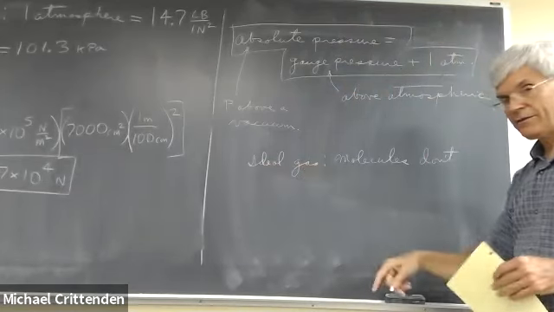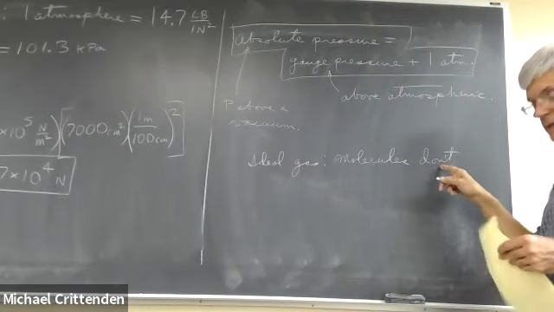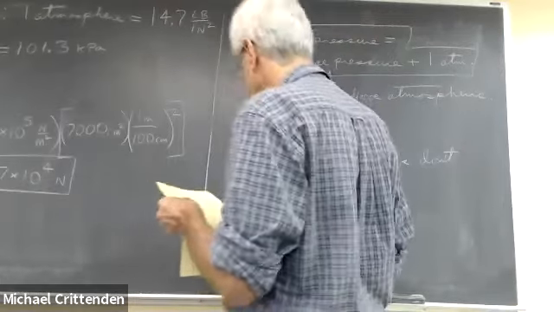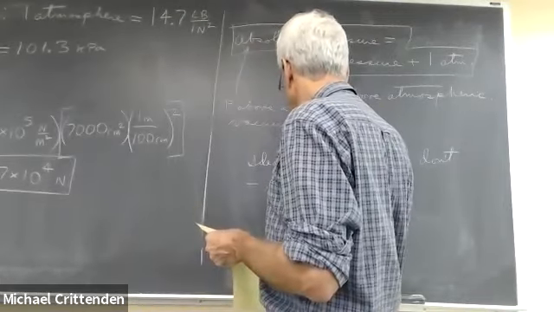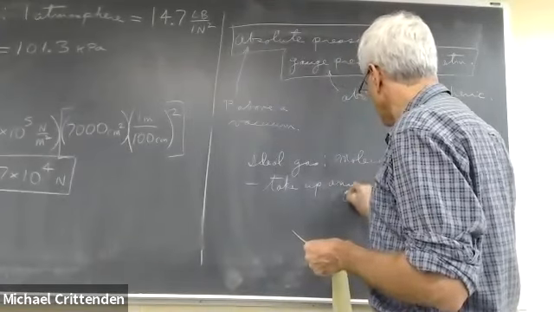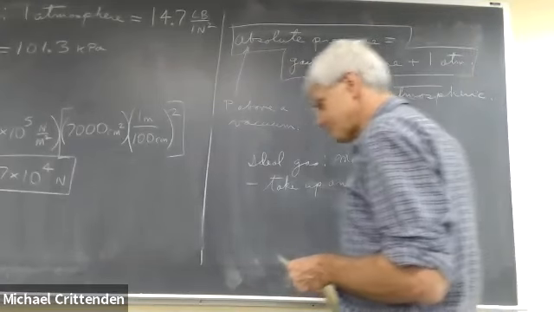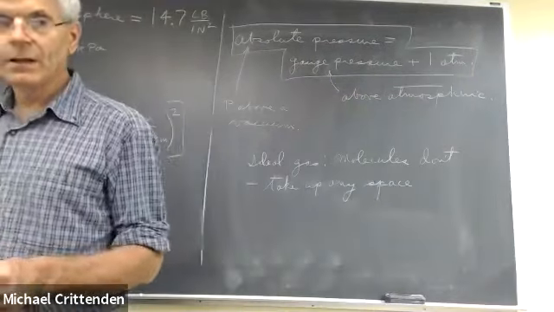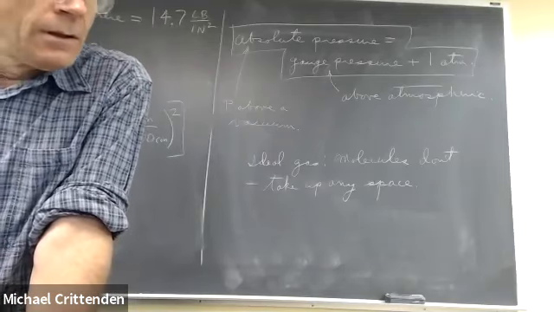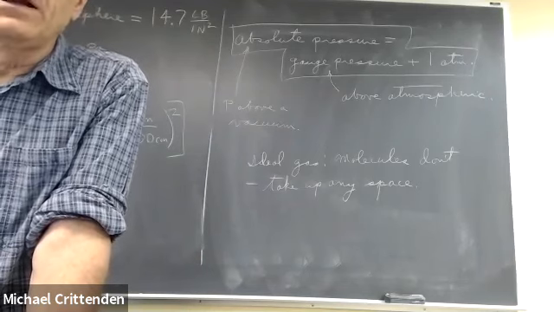An ideal gas is one whose molecules do not, first of all, take up any space. We are assuming that the atoms making up these molecules have a radius of 0.